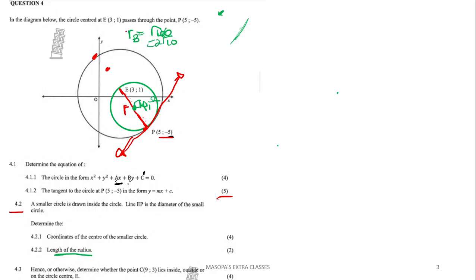Let me make a point C: if the distance between C and E equals the radius, root 40, the point lies on the circle. If the distance EC is smaller than the radius, it lies inside the circle.